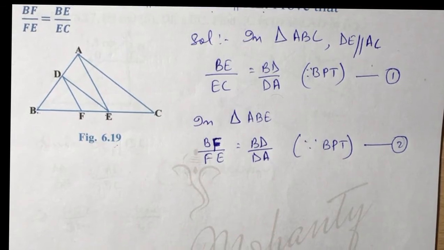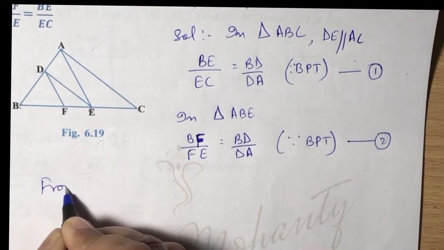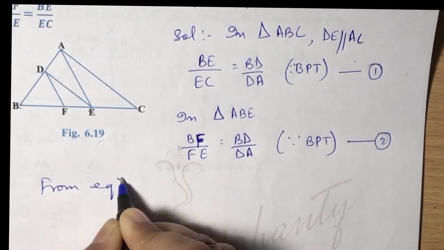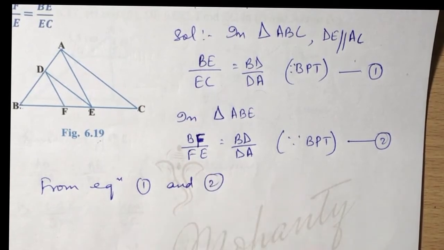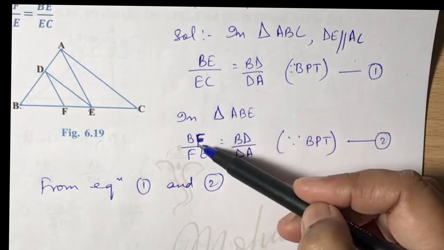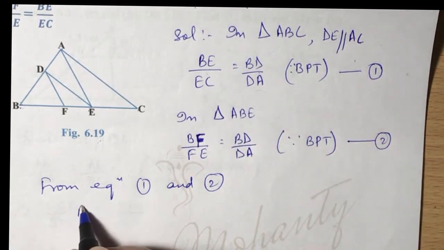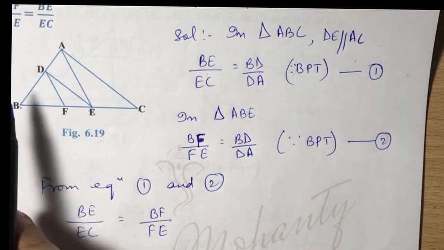So same way as the first question. From equation 1 and 2, see, the RHS is equal. So LHS will also be equal. BE by EC is equal to BF by FE.